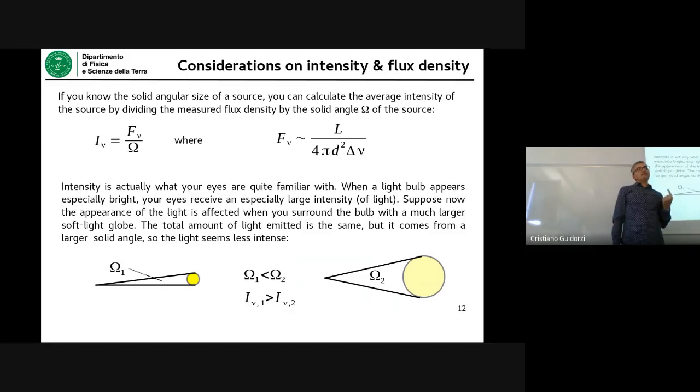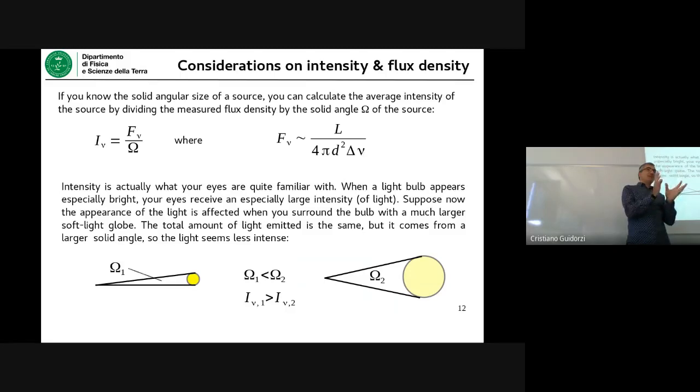So what does this mean? That your eyes are sensitive, rather than to flux, to intensity. Because the flux is the same here. But if you wanted to decrease the brightness of the object, you use the trick of increasing the solid angle.